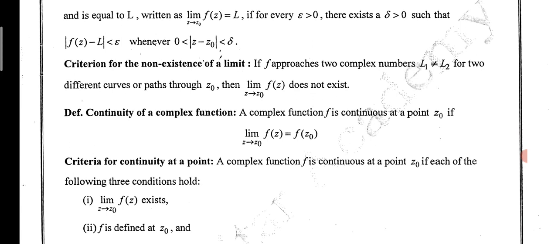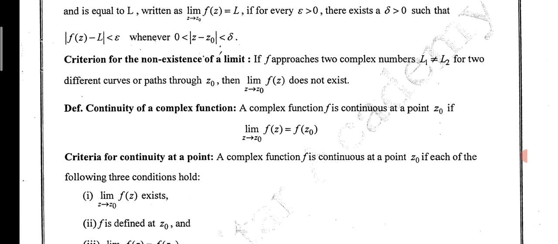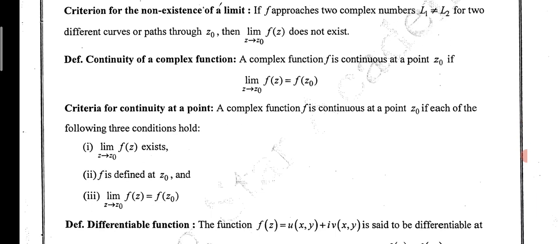The next definition: continuity of a complex function. A complex function f is continuous at a point z0 if limit z tends to z0 f of z equal to f of z0. Criteria for continuity at a point: a complex function f is continuous at a point z0 if each of the following three conditions holds.